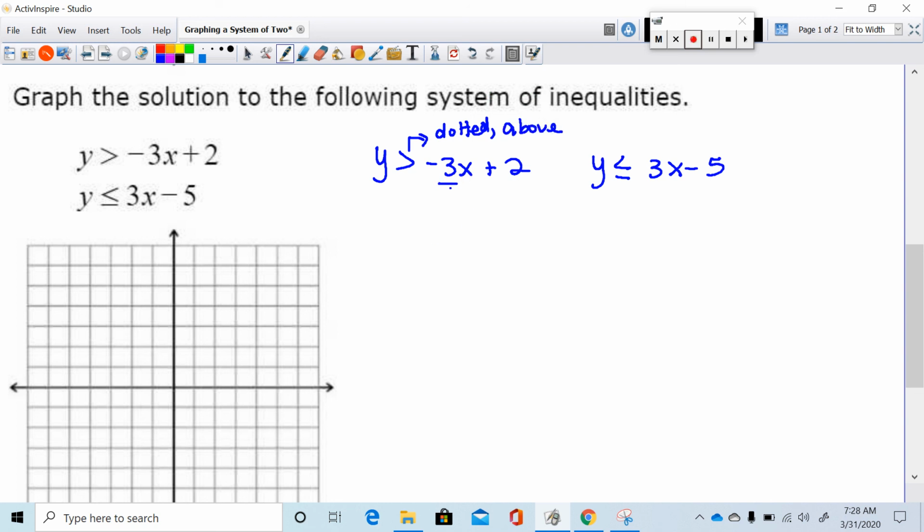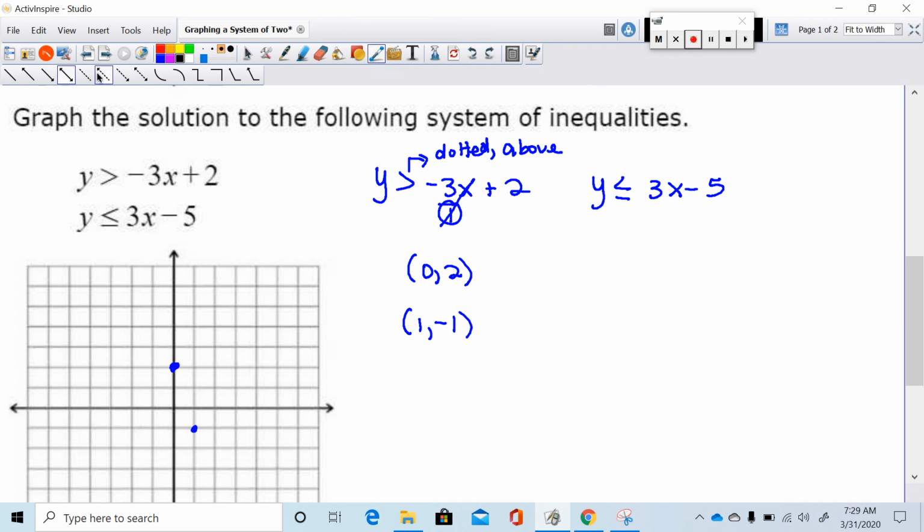I need to put a 1 under my number in front of x. Okay, so I'm going to use 0, 2. And then my denominator is 1, and that scratches out the x, so negative 3 plus 2 is negative 1. So 0, 2 is here, 1, negative 1 is here. I set a dotted line, and I'm going to shade it above.